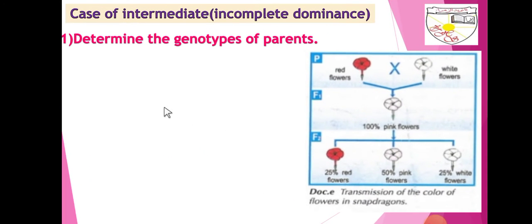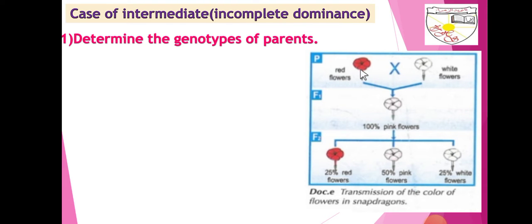Okay, let's determine the genotype of the parents here. In the F1 generation only one phenotype always appears; we don't have several phenotypes, we have 100% pink flowers. We don't have another phenotype, no red and no white, only one color, which is pink. This means that the parents are pure, the parents are homozygous.